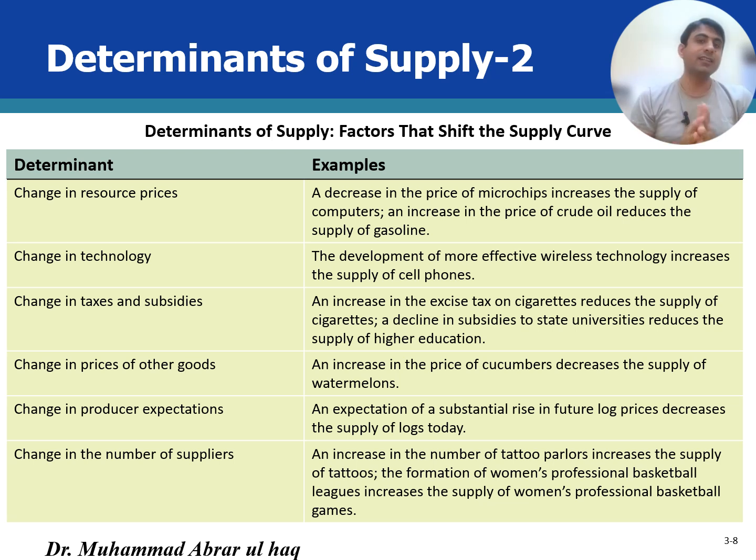Understanding these determinants is crucial as they illustrate how external factors impact market dynamics, promoting the shift in the supply curves that economists and businesses analyze to anticipate market behavior and make informed decisions.